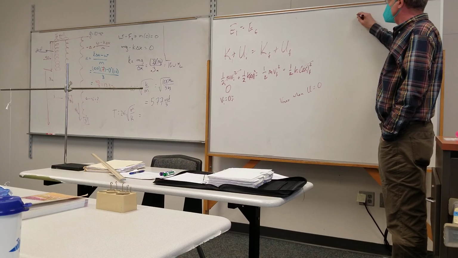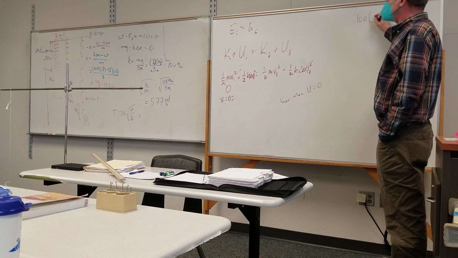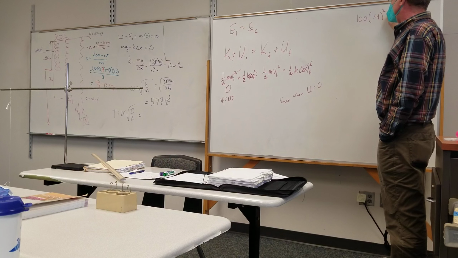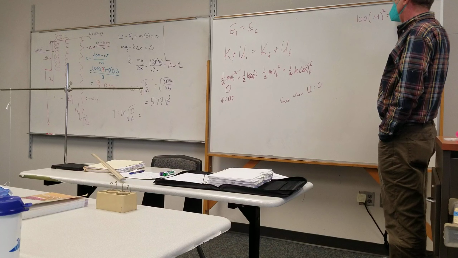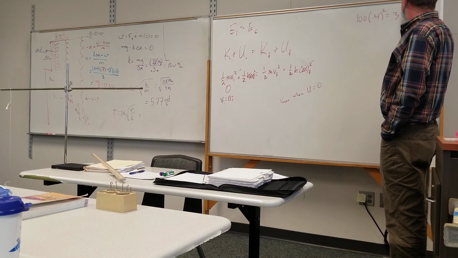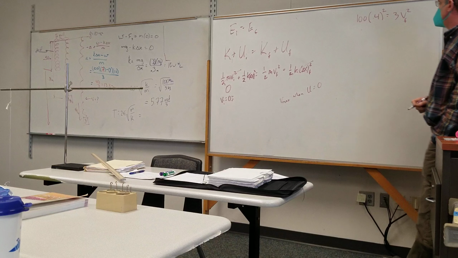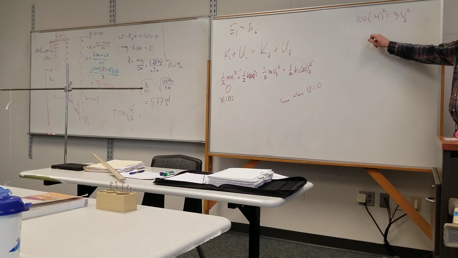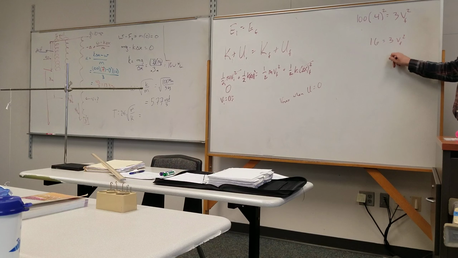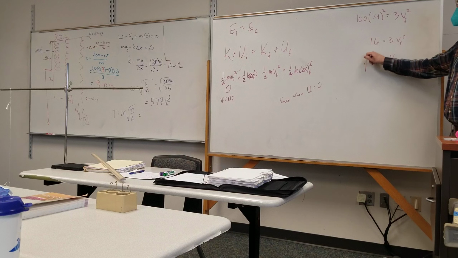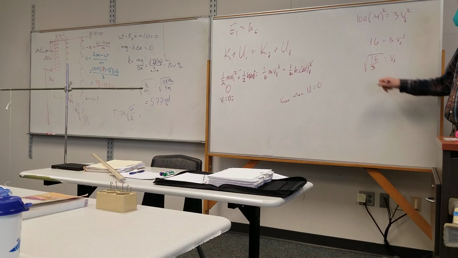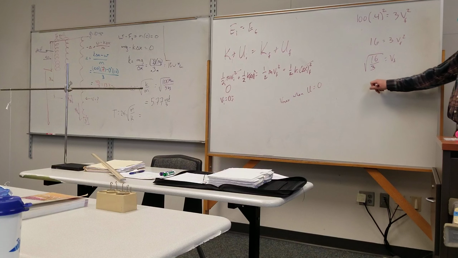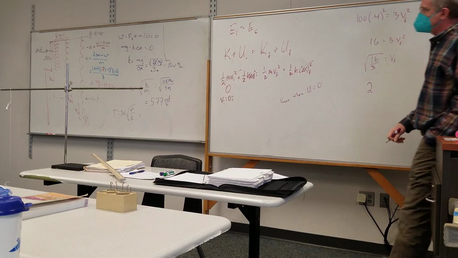The 1/2 cancel out, so I'm left with 100 times 0.4 squared is equal to 3 times v squared, v final squared. So that is 16 is equal to 3 vf squared. vf is equal to the square root of 16/3, which seems like it's somewhere around 2.309? I'm doing it off memory. I don't think I wrote it down.